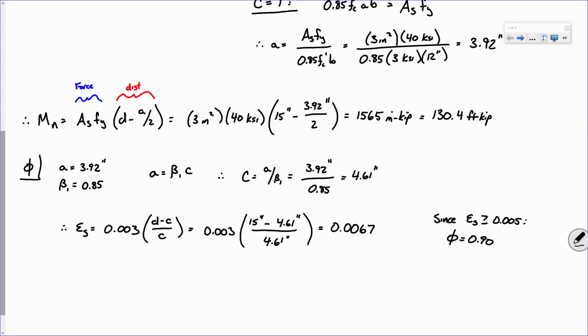We say, all right, instead of using 130.4 for the purposes of design, I can't really use that. I've got to reduce that a little bit, and I'm going to reduce it to 90%, 0.9.